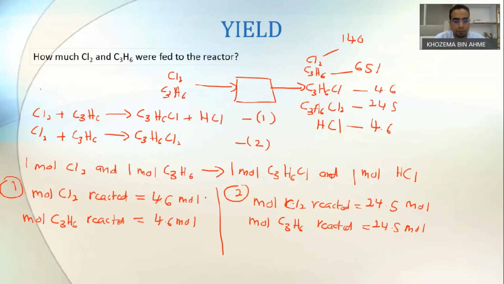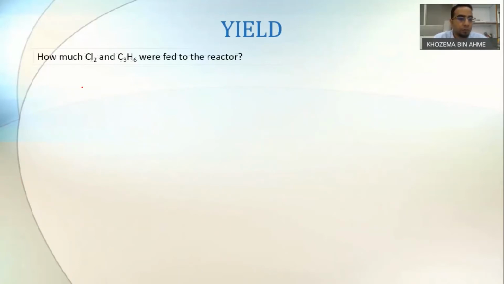chlorine and propane has reacted, so I can find the total chlorine and propane fed to the reactor. So how do I do that? To find total chlorine is equal to whatever unreacted chlorine I have, which is 141, plus chlorine reacted in reaction 1, which is 4.6, plus reacted in reaction 2, which is 24.5.